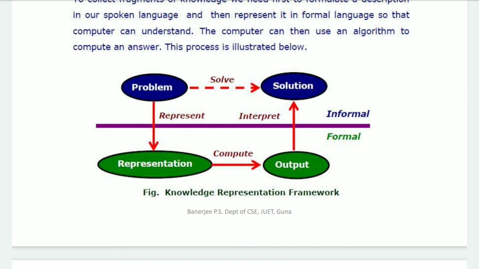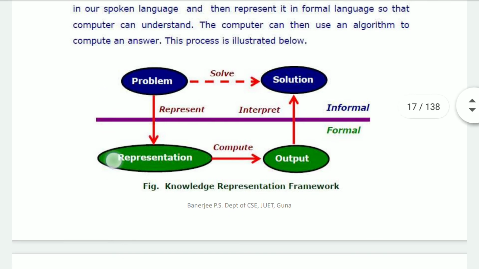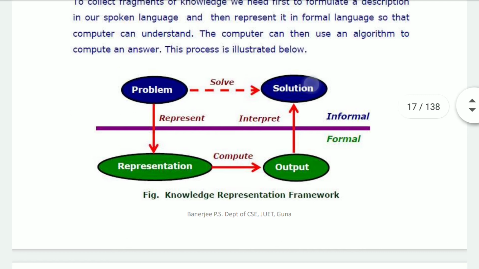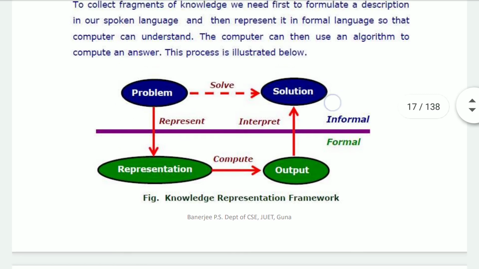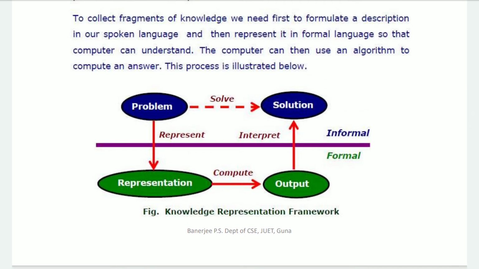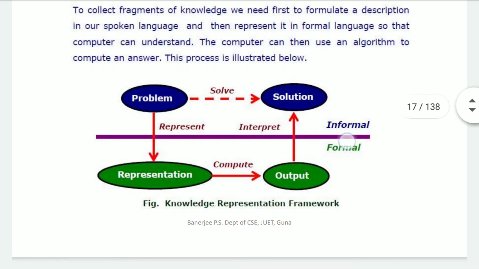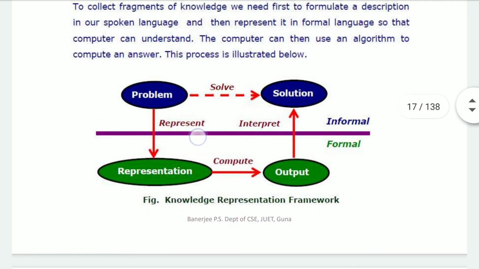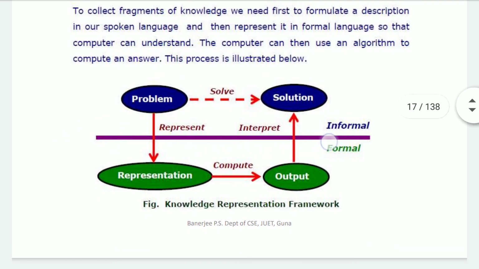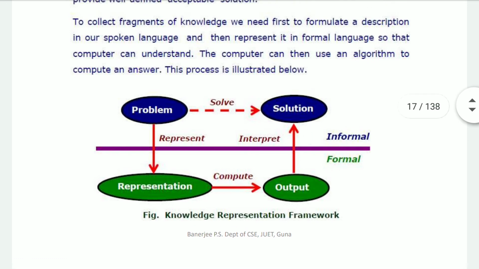So you can start from problem to representation to output, then to solution, or straight away from the problem to solution. The basic difference between these two is being on either side of this pink line. Above it we have the informal part, and below it we have the formal part.